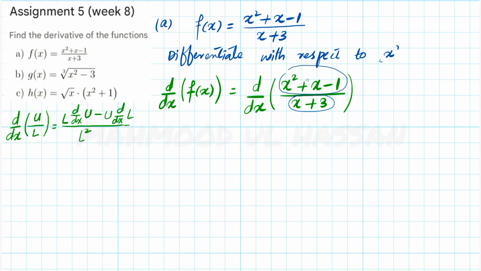Sometimes we call them the first function and the second function: the numerator is the first function and the denominator is the second.